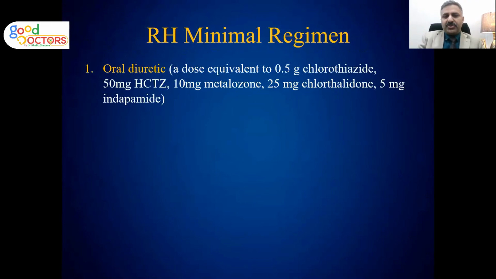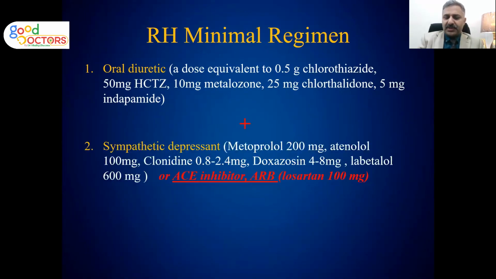So minimally, if you're using an oral diuretic, for example hydrochlorothiazide, you need to use at least 50 milligrams. Metolazone at least 10 milligrams. And if you're using metoprolol, use 200 milligrams, unless the heart rate is less than 60. For atenolol, 100 milligrams. For labetalol, maybe up to 600 milligrams.